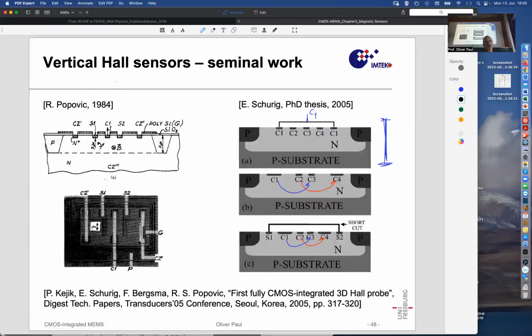And so here you see a top view. I can imagine 5 contacts aligned here, connected from different sides.